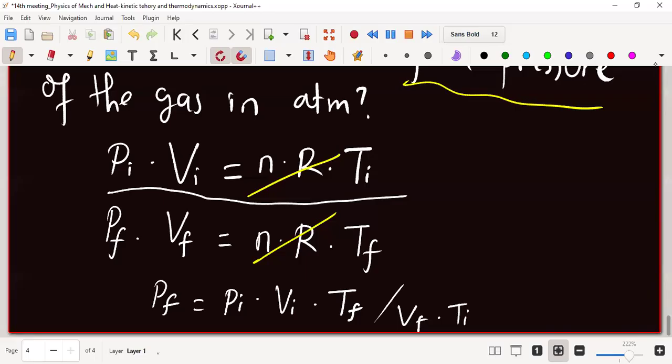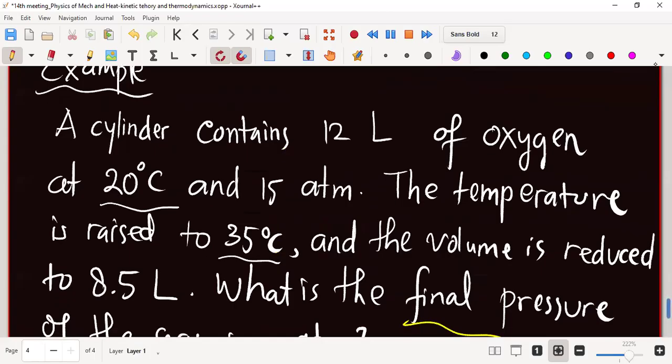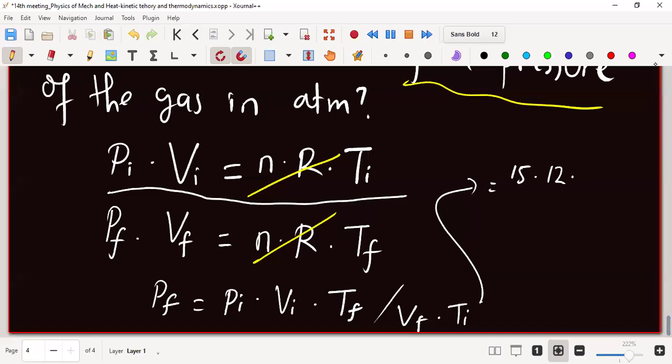Okay, so the initial pressure is 15 atmosphere, the initial volume is 12 liter, the initial temperature is 20 degrees Celsius, and the final temperature is 35 degrees Celsius. Please remember that in the ideal gas formulation, we need to change the temperature scale to Kelvin.